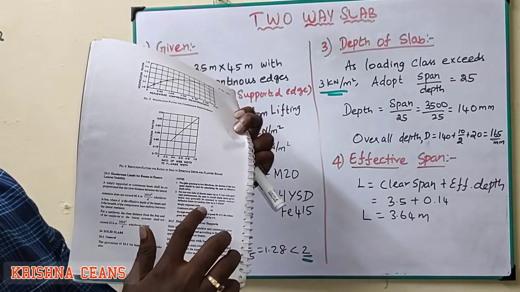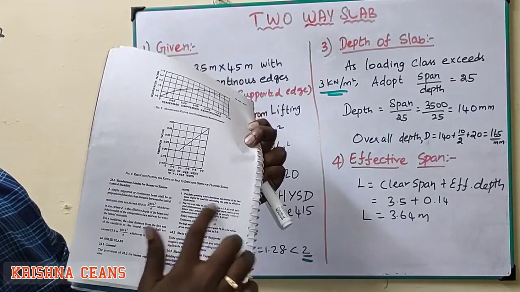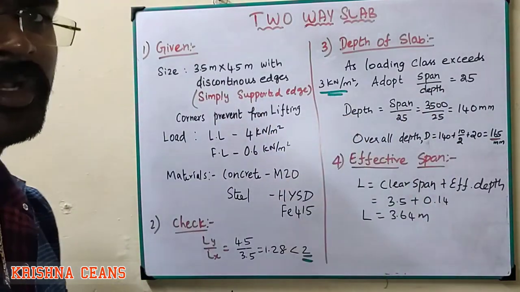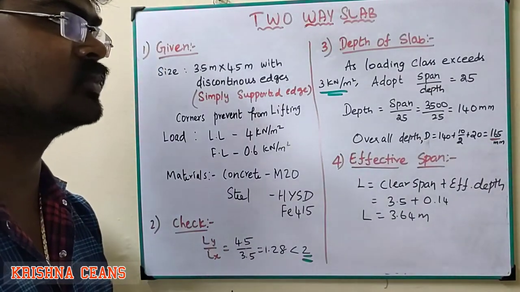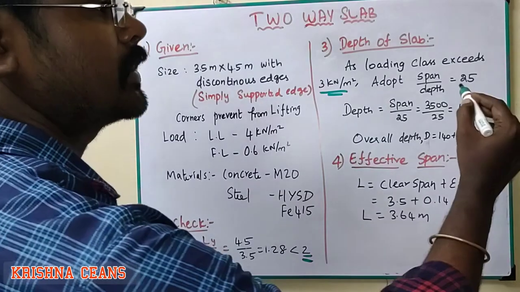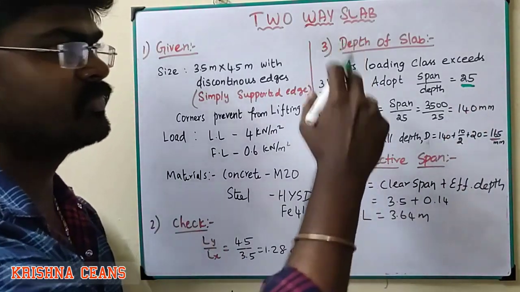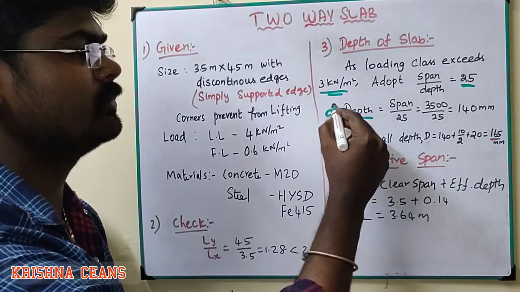Here they provided up to 3.5 meter span, and up to 3 kN per meter square only we have to use it. But here our load exceeds 3 kN per meter square, so we need to take span by depth equal to 25. From the ratio we can calculate the effective depth d.